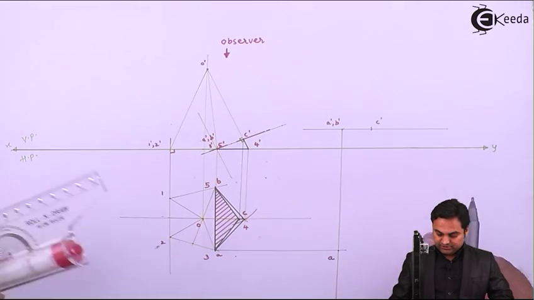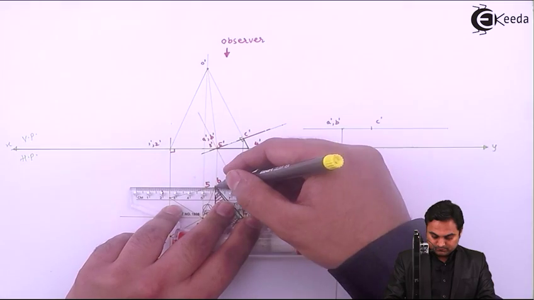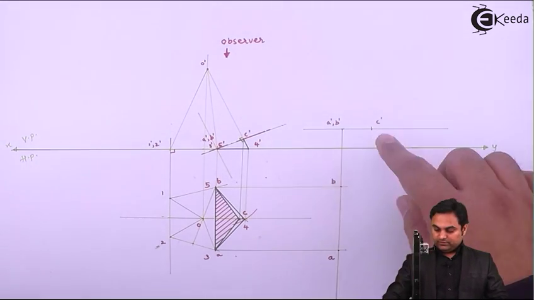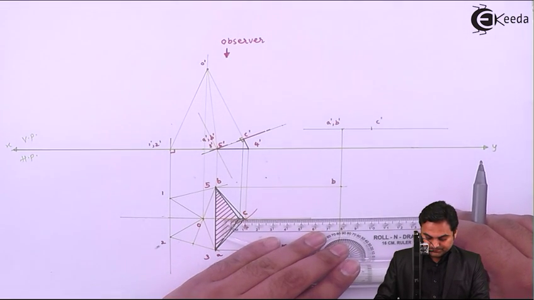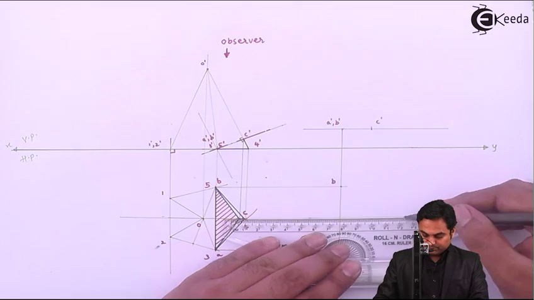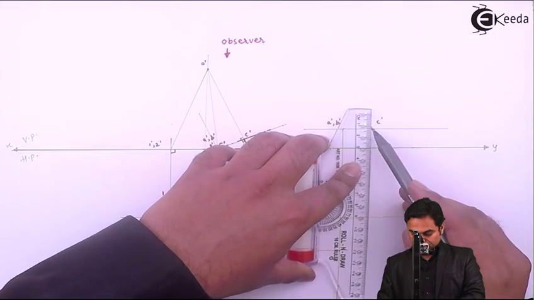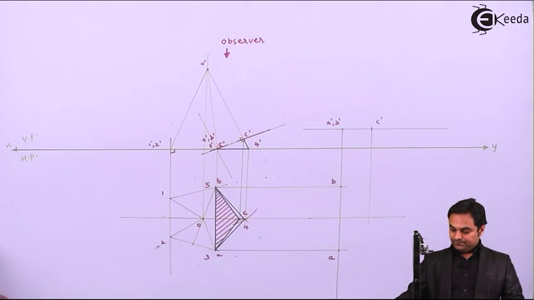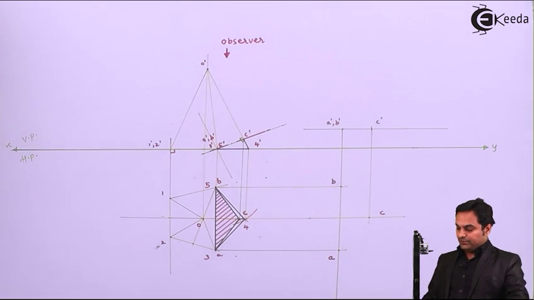B dash is on this same line. Here we have C dash and C. So where C dash and C they intersect, that will give me point C. Now connecting these points in order.